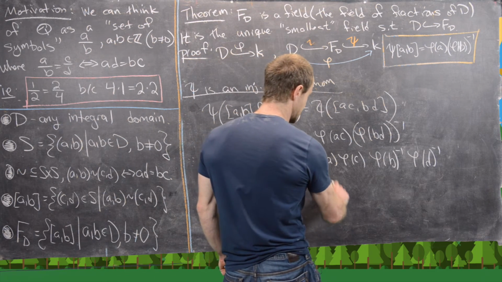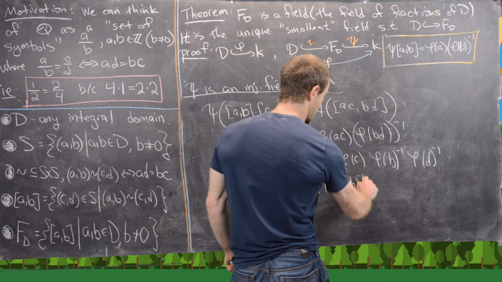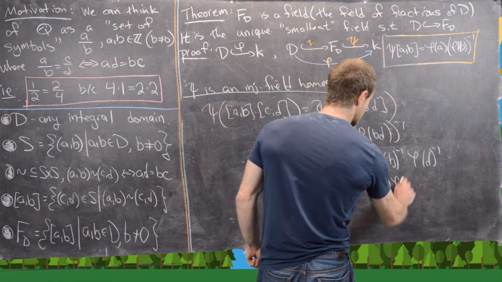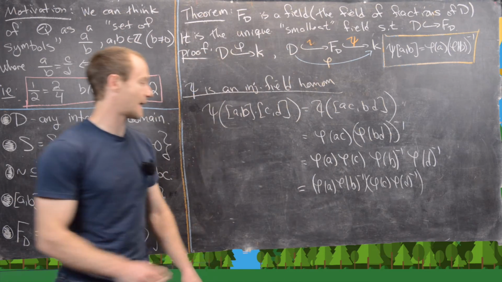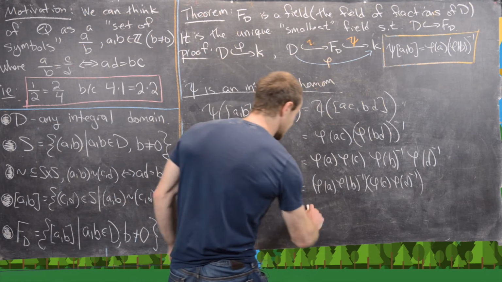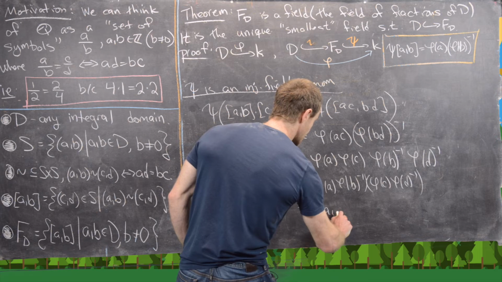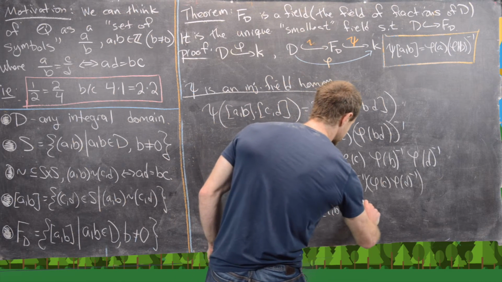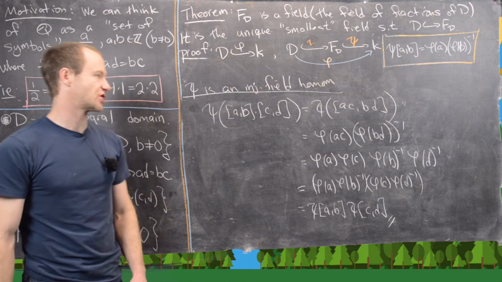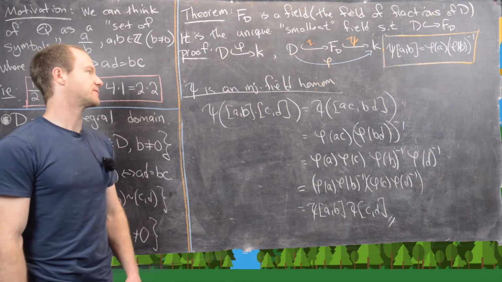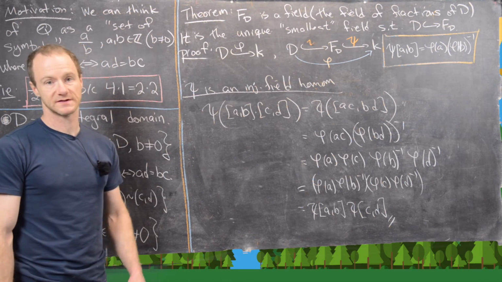So notice that is phi of A, phi of B quantity inverse, phi of C, phi of D quantity inverse, like that. But this is exactly equal to psi of AB times psi of CD, which is exactly what we want to show for the multiplication part of this being a field homomorphism.